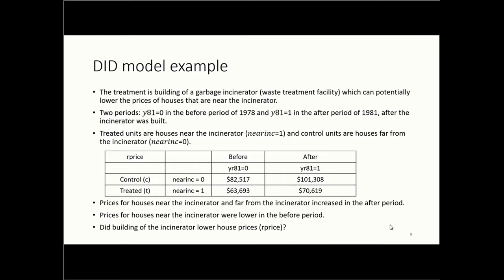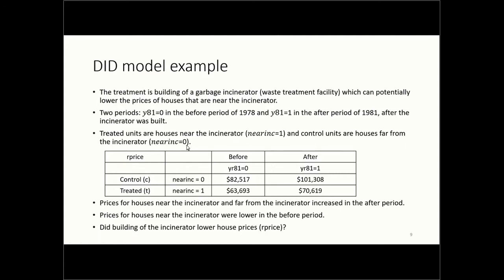We would have an indicator in the before period, which is y81 equals 0 for the year 1978, and the indicator y81 would be equal to 1 in the after period of 1981, after the incinerator was built. And here the treated units would be the houses near the incinerator, and control units would be the houses far from the incinerator.